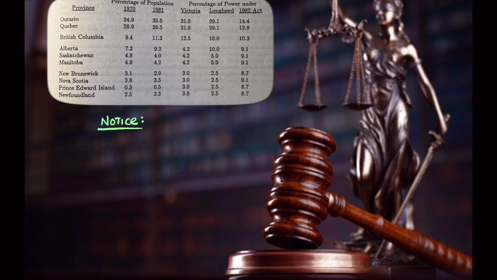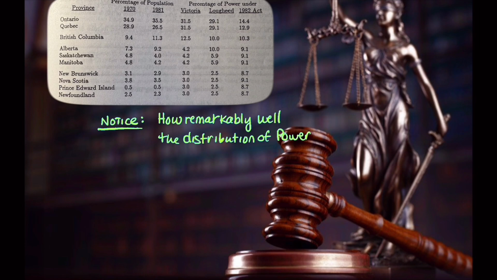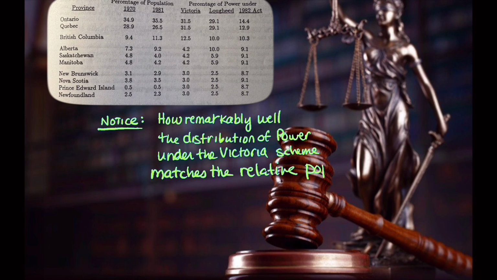So without having to really go further to understand where those power schemes are coming from, we do want to take notice of one particular thing. Notice how remarkably well the distribution of power under the Victoria scheme matches the relative population of the different provinces in 1970.